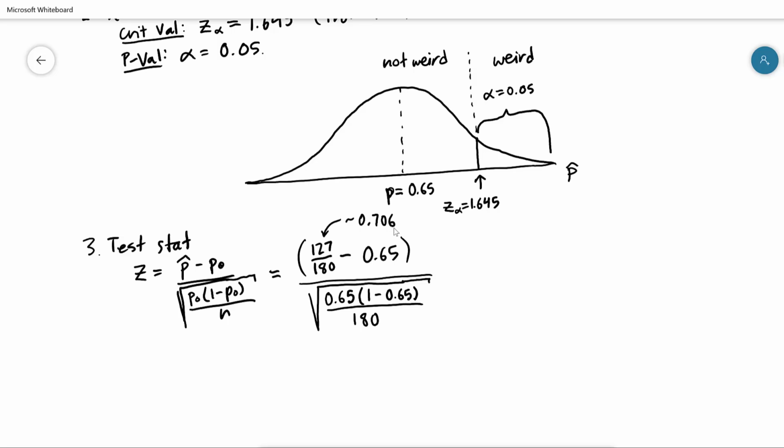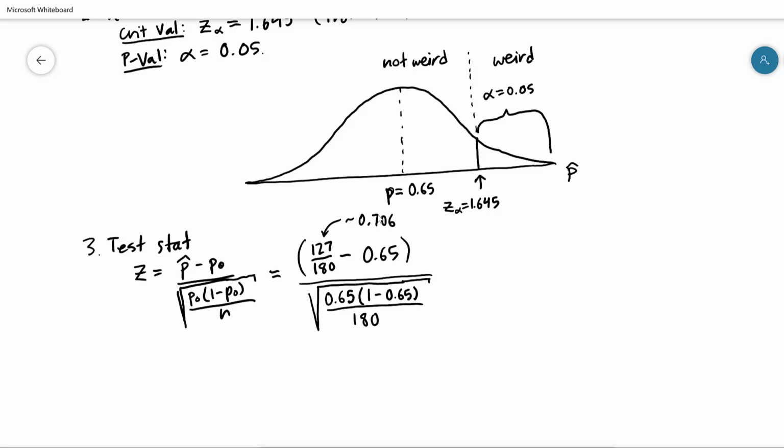This number needed to be significantly above this number for us to have even a chance at having a strong claim. So in their actual survey, almost 71% of Toyota owners said that they would recommend to a friend. That's pretty strong evidence to be able to claim that at least 65% of owners are very satisfied.